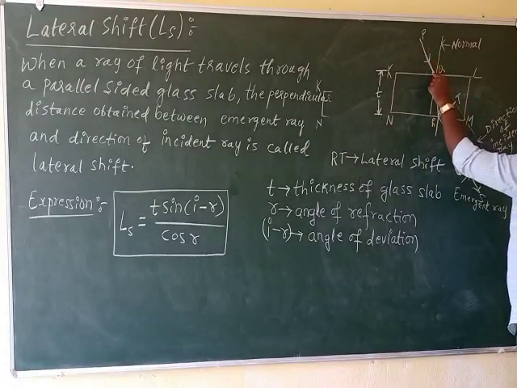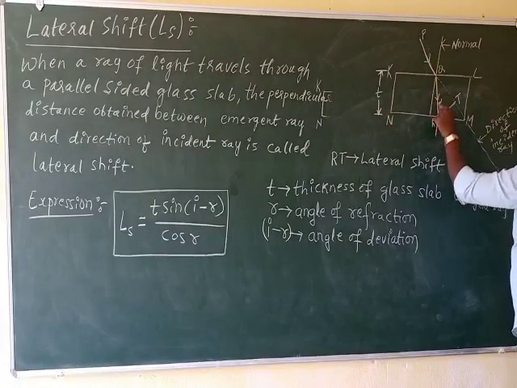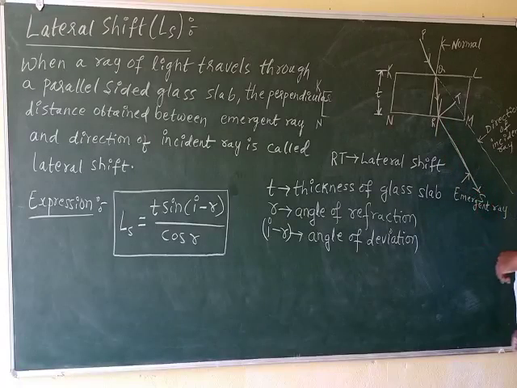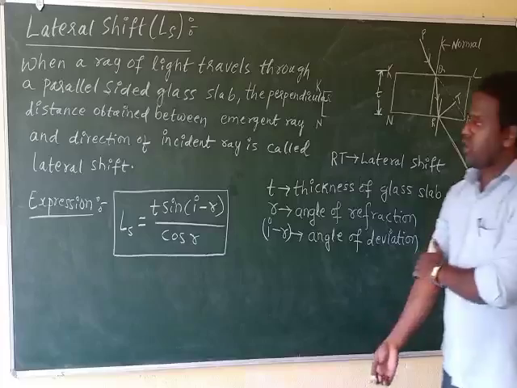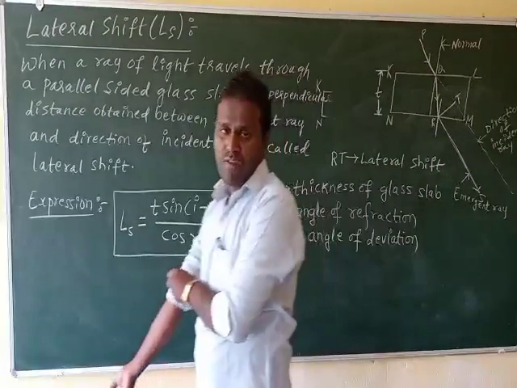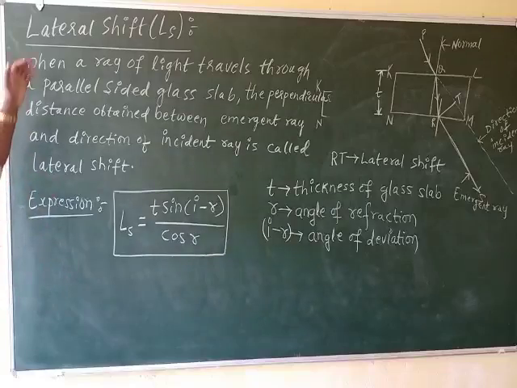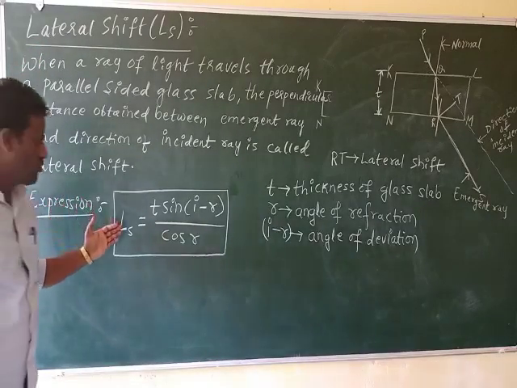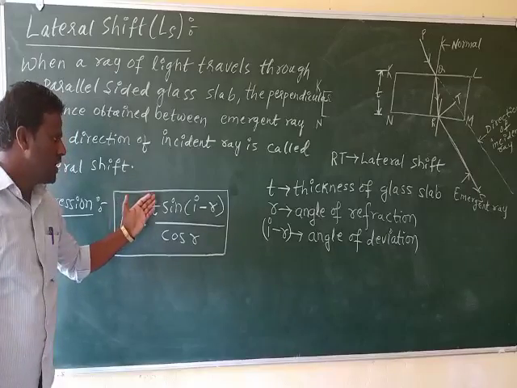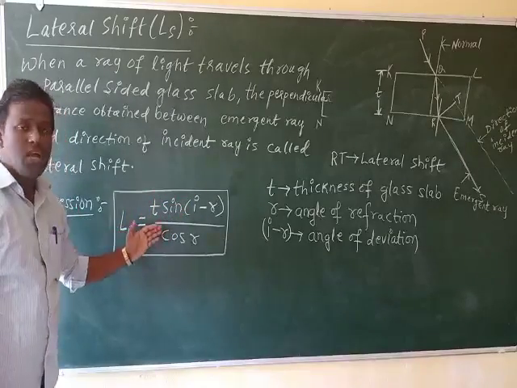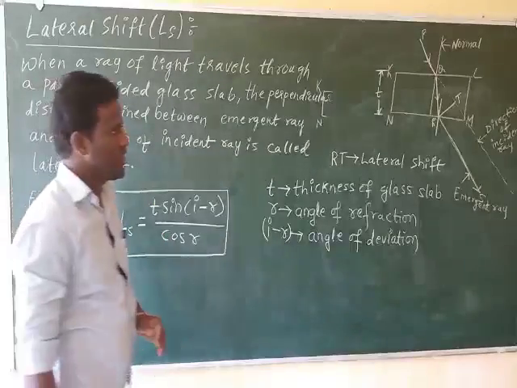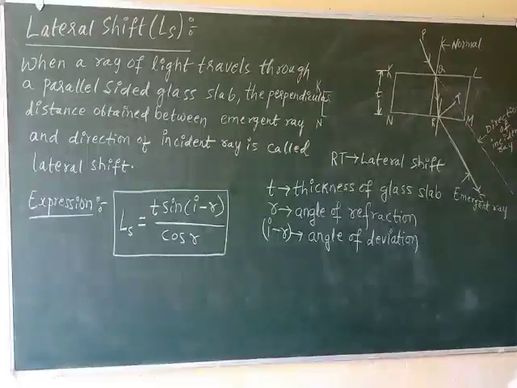So the expression is LS equals T sin(I minus R) by cos R. This is the expression for lateral shift.